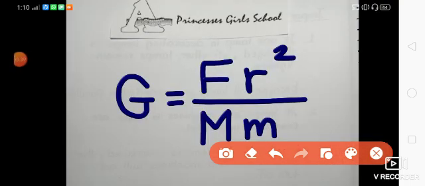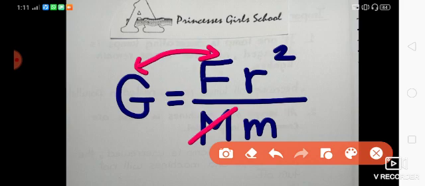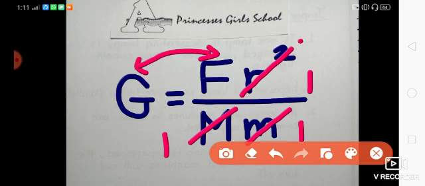This means that the gravitational constant will be equal to the attraction force between the two bodies when the mass of each body is 1 kilogram and the square of the distance will be 1 meter squared. So the gravitational constant will be equal to the force of attraction between them.